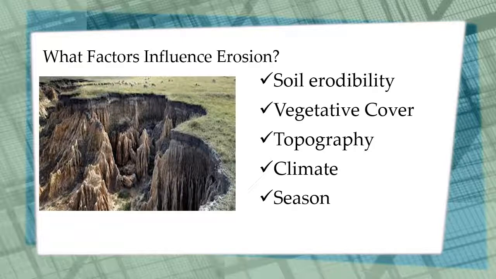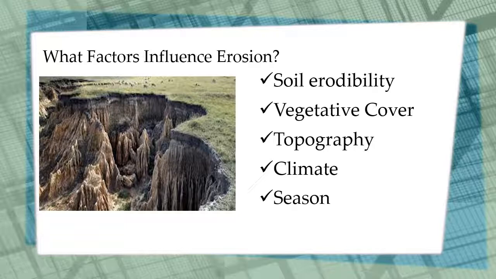So what factors influence erosion? Soil erodibility is a huge one. Silts and fine sands are very erodible, and we have a lot of them in Idaho, whereas clays and heavy gravels are not as erodible. Vegetative cover is another big one.